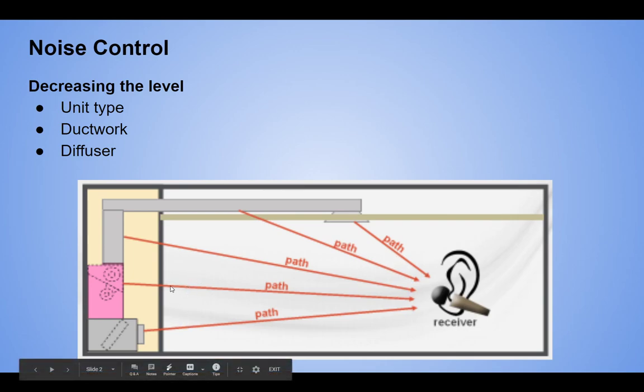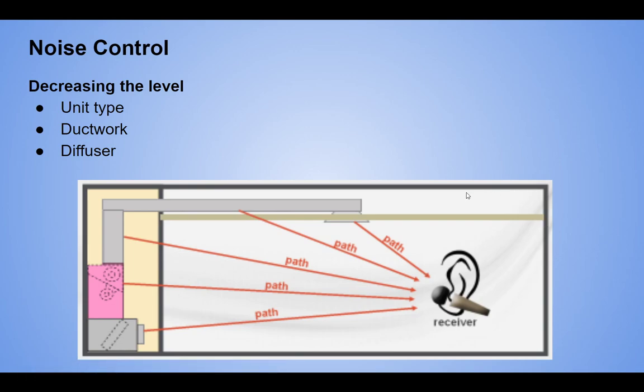We're not worried about these three paths here. Everything on this side of isolation is noise isolation, sound isolation. So we're looking at this barrier here. Sometimes we would consider this ceiling a barrier, but if it's substantially less than this isolation, we don't consider that. We consider these black lines around here.